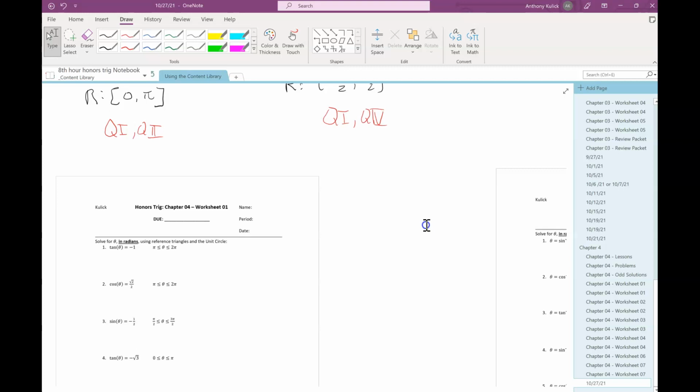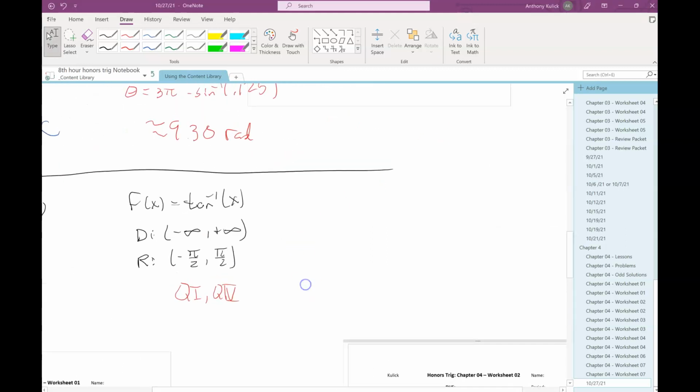Why is inverse cosine defined that way? If we look at the graph of regular cosine, this would be the part of the domain that I would restrict, which is 0 to pi, as opposed to sine where I have to start beforehand.